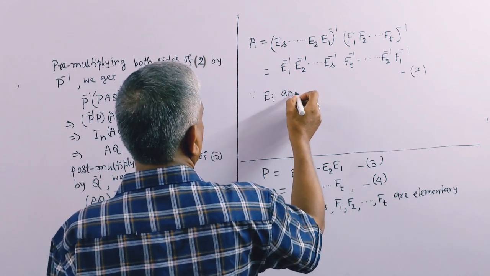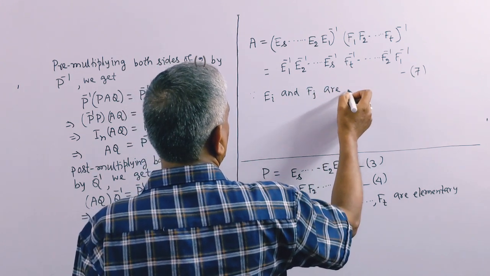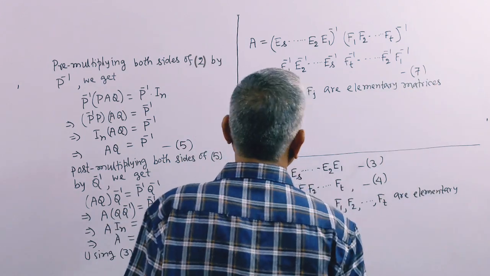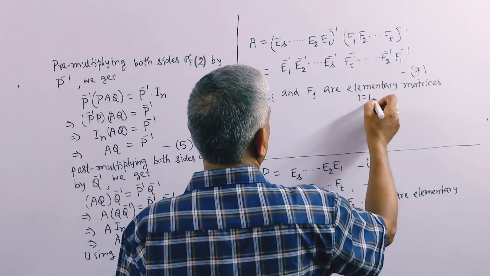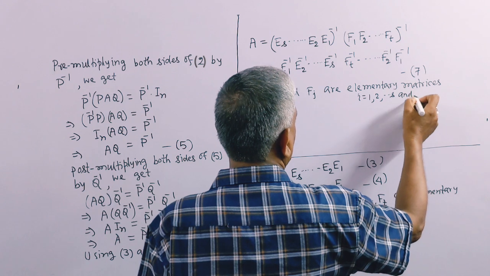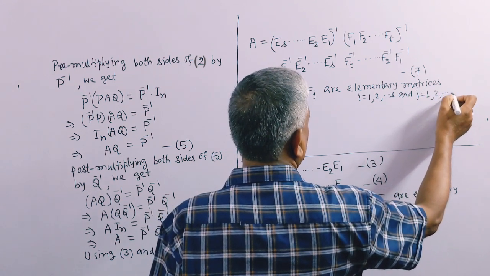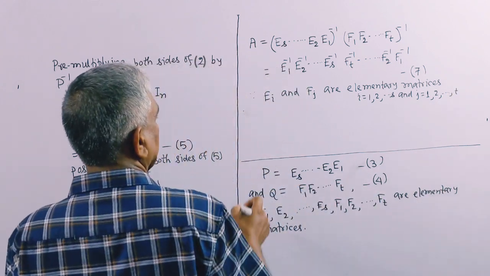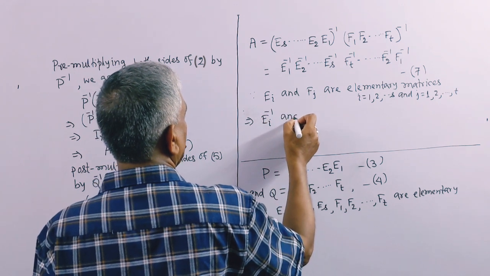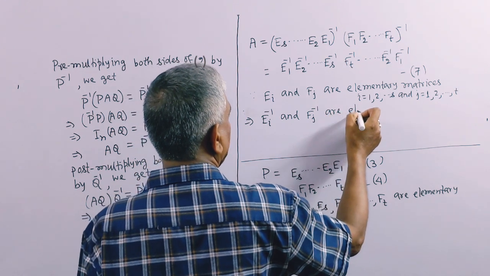Since Ei and Fj are elementary matrices, for i equal to 1, 2, dot dot dot S and j equal to 1, 2, dot dot dot T, it implies that Ei inverse and Fj inverse are elementary matrices.